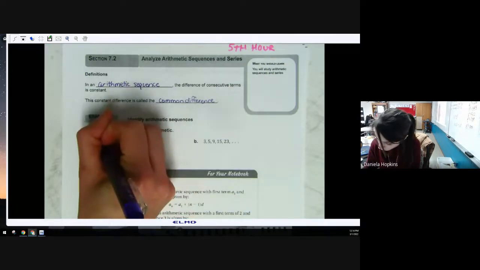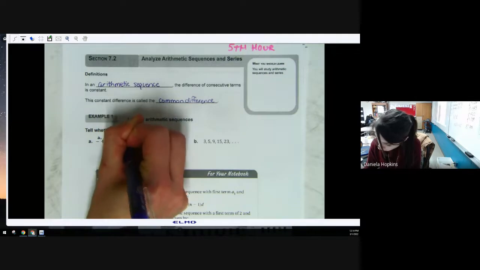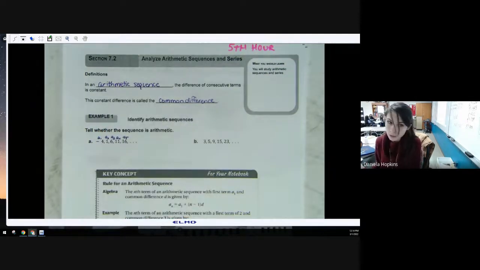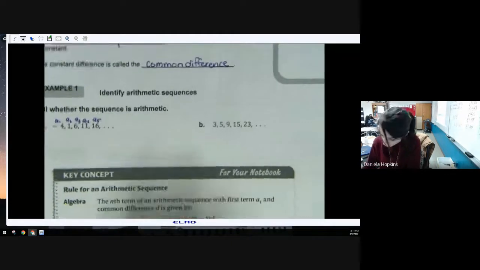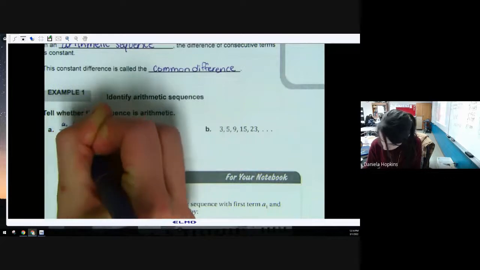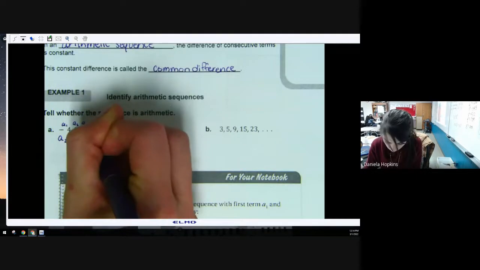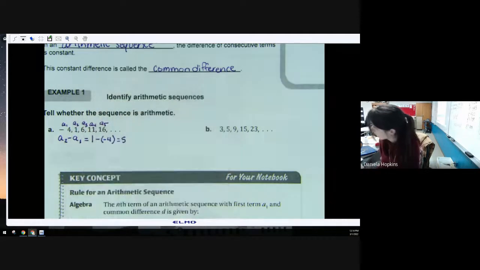So if this was your A1 term, this is your A2, this is your A3, A4, A5, and so on. You can take your second term, your A2, minus your A1, which if you plug those in, it's just 1 minus -4. You get that the difference is 5.